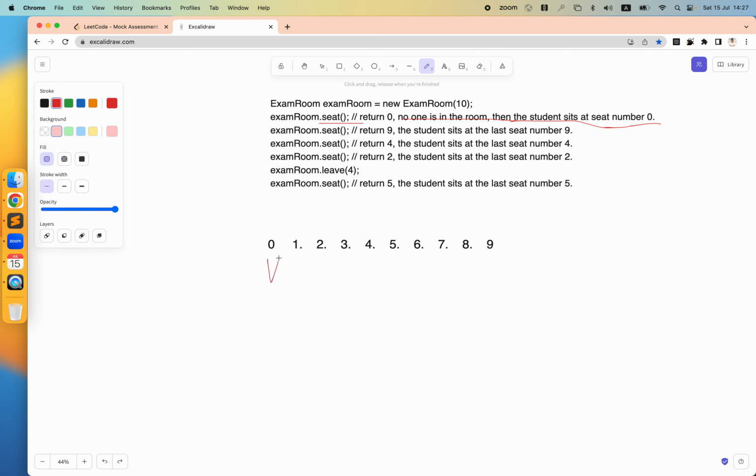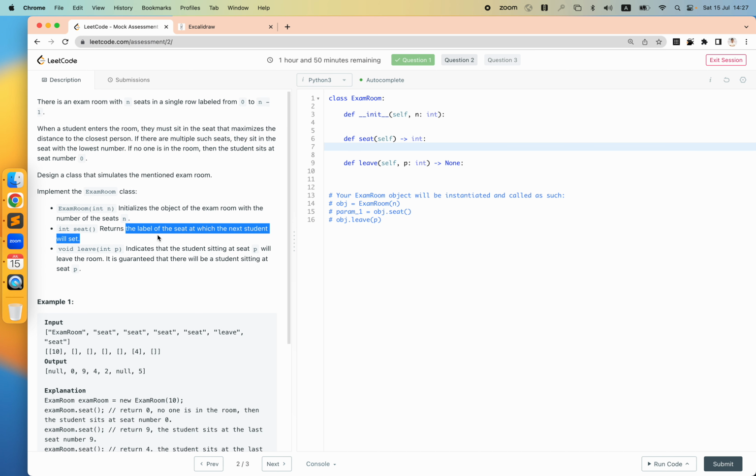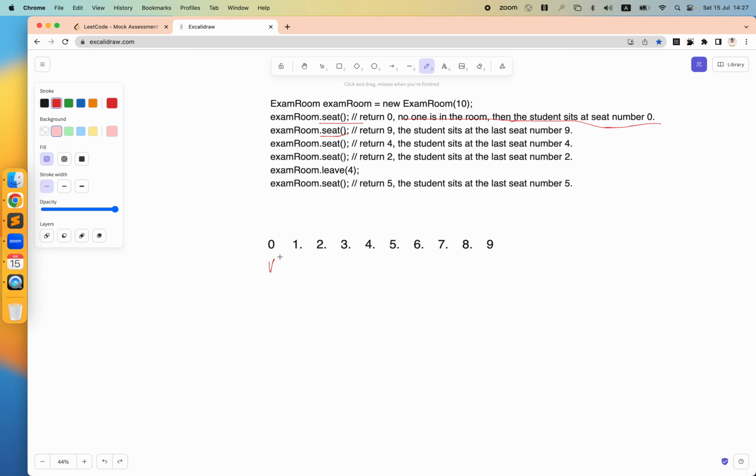Okay, 0 here. Sit here. So it should be the maximum distance, right? Sit here and return the seat. Yes, they must sit to maximize the distance to the closest person. So it's maximized like this.